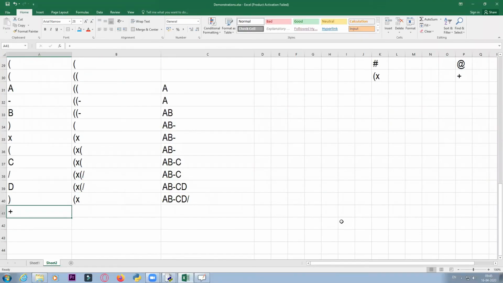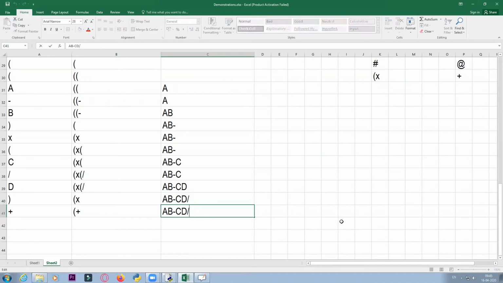Now because plus is encountered and the precedence of plus is less than that of multiplication, hence we will pop multiplication, push plus to the stack, and to this postfix expression we are going to simply add this popped operator, that is multiplication.